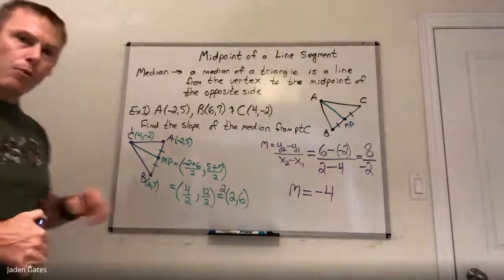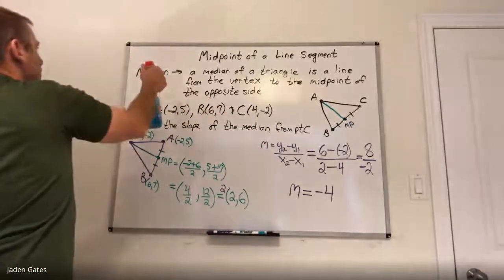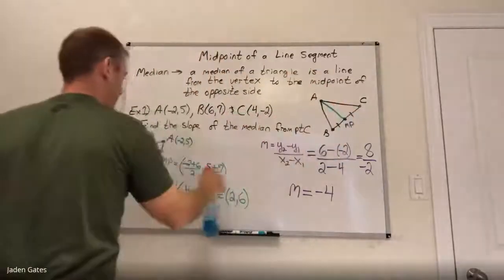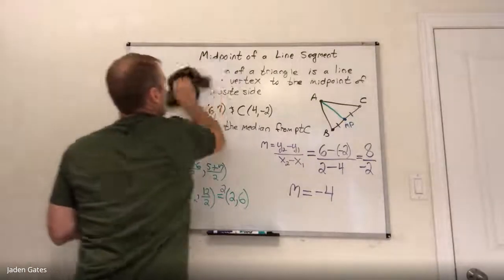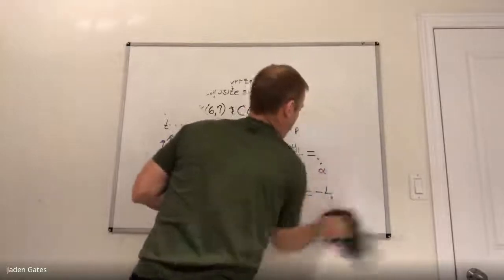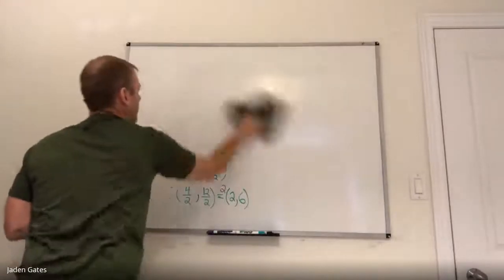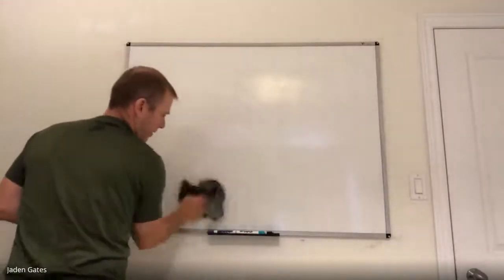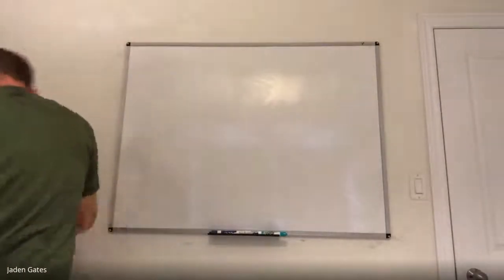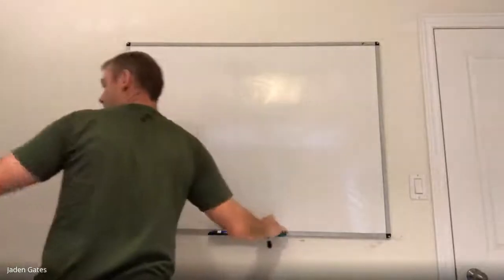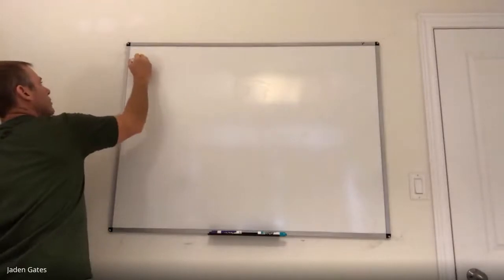All right, last example. We're going to do something like this, and then we're going to take it to the next level. All right, so next example, we have, again, 3 points to create a triangle.